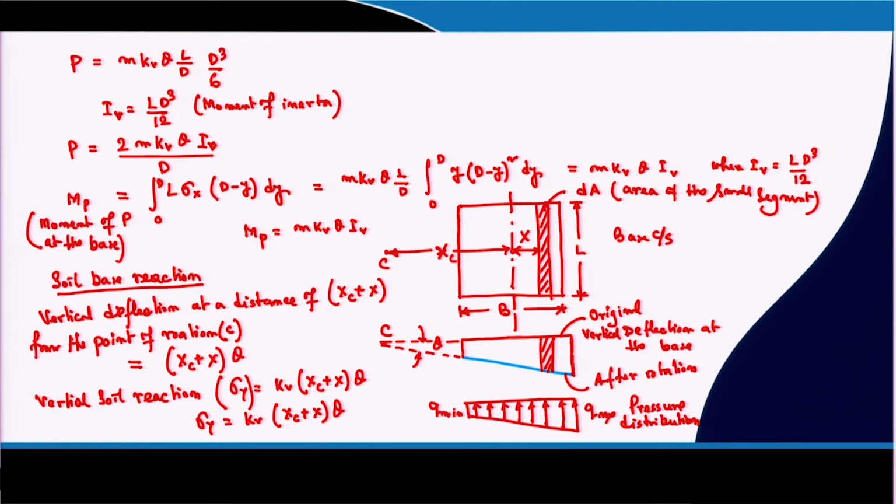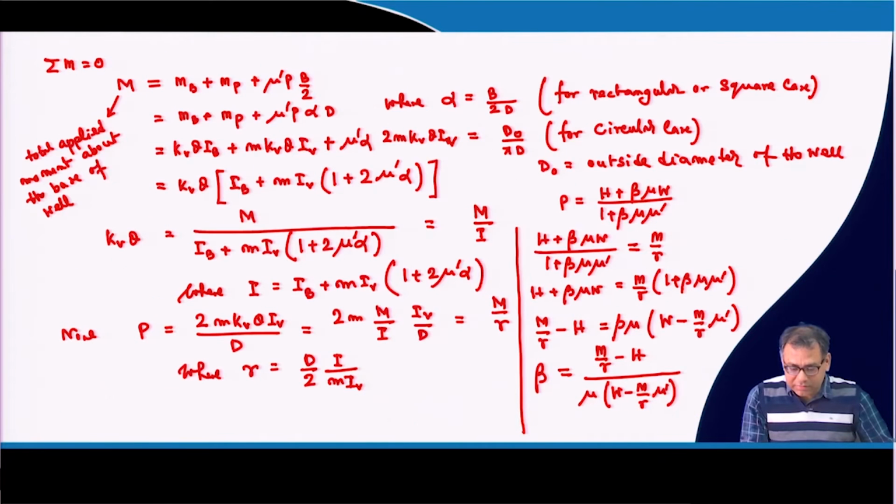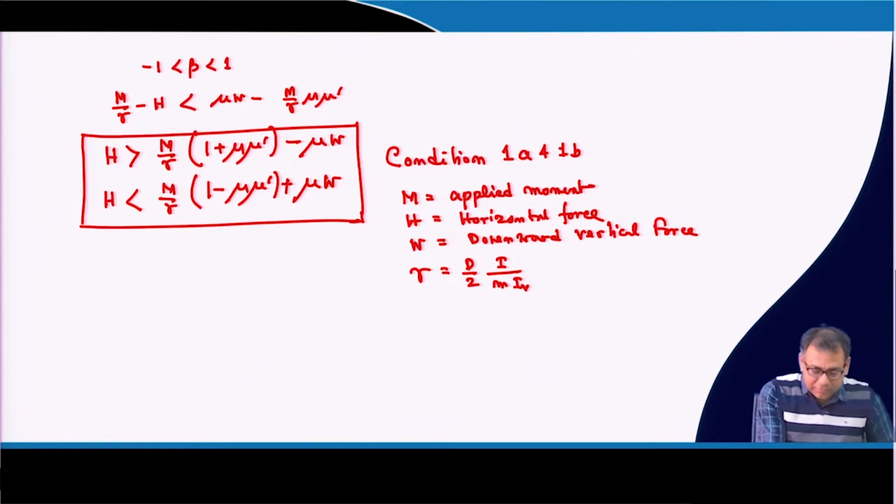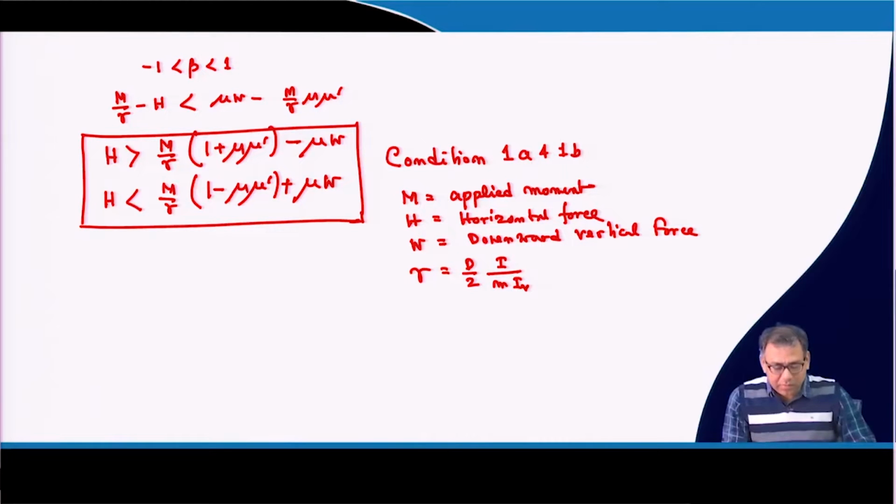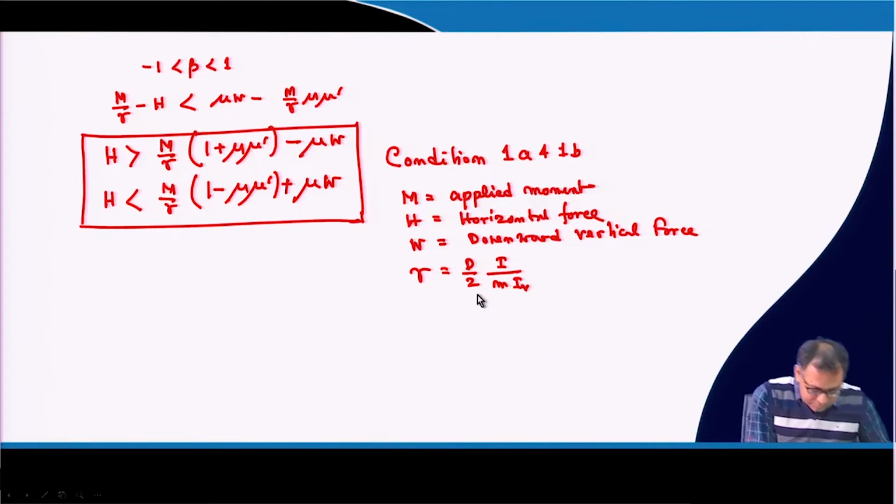That condition is that H should be greater than m by r (1 + μ' − μw), or H should be less than m by r (1 − μ')(1 + μw). Now, these are the values, and I have discussed what these values are.